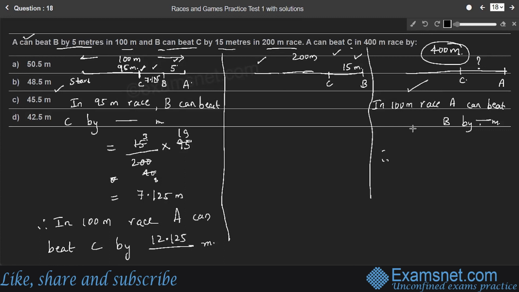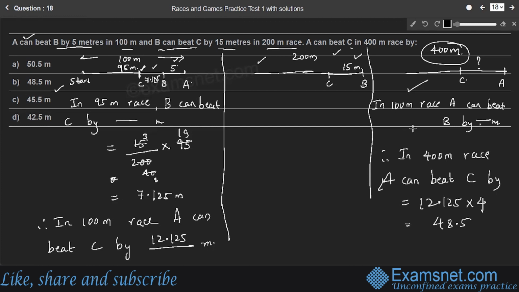Therefore, in the 400 meter race, A can beat C by, in the 100 meter race it is 12.125, into 4 for 400 meters, which is equal to 48.5 meters.